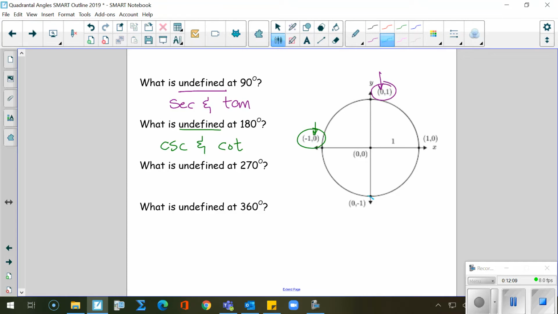270. Cosine is 0. So for any angles coterminal with 270, the trig values that would be undefined are the same as the ones at 90 degrees, because of cosine in the denominator: the reciprocal of cosine and sine over cosine.